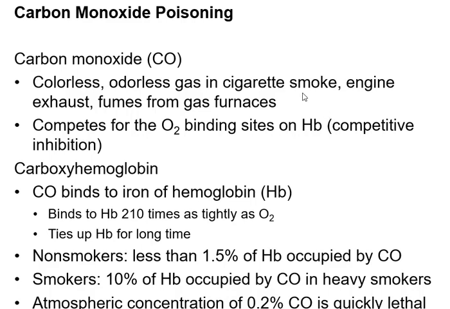Another place you can get carbon monoxide besides cigarette smoke and engine exhaust is if you have an unvented heater, like a kerosene heater. I told you I spent some time overseas, and one of the things that they do in places like Japan, where you don't have heat in your house, is they'll issue you a kerosene heater and you carry it from room to room.